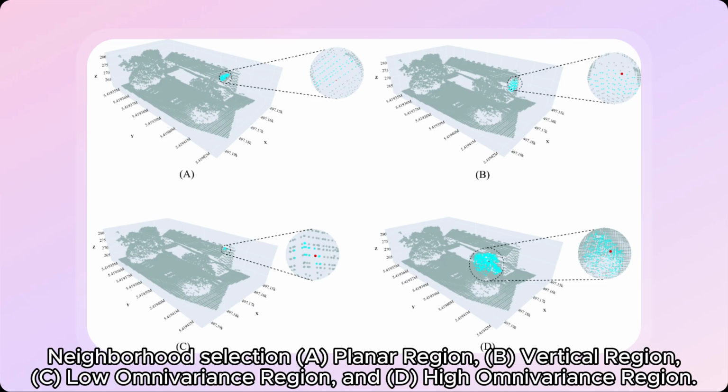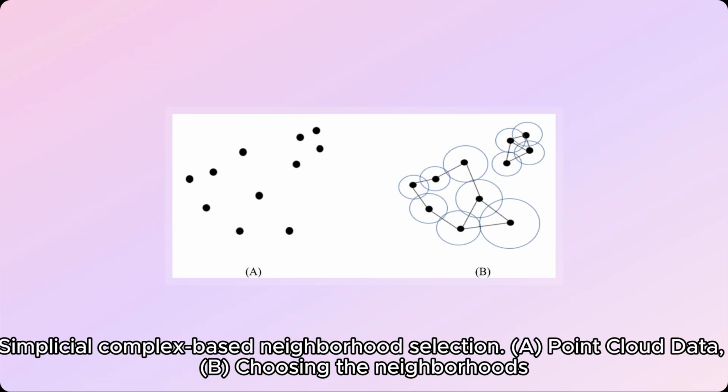This helps make sure the selected neighbor points really belong to the same surface or fold, like points along a roof edge. And the trees, the really messy bits. For the high omnivariance regions, yeah, like vegetation, they use a simplicial complex-based method. It sounds complicated, but it's good at clustering points that are truly similar, even if they're a bit spread out. It also helps naturally reduce the impact of outliers.